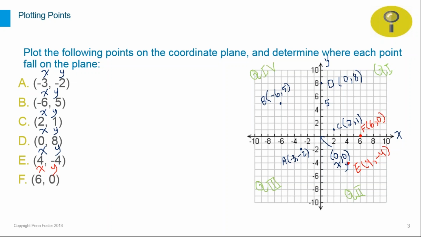Now, if we look at the quadrants, then we are able to say which point falls in which quadrant. For example, let's start with A. Point A falls within quadrant 3. So we can label this as quadrant 3. Point B, from the plane, we see it is in quadrant 2.